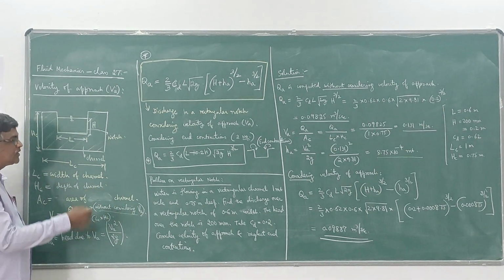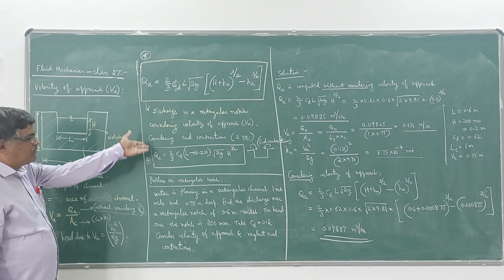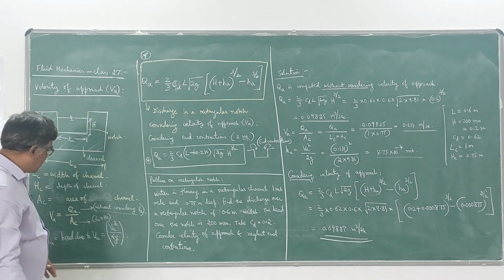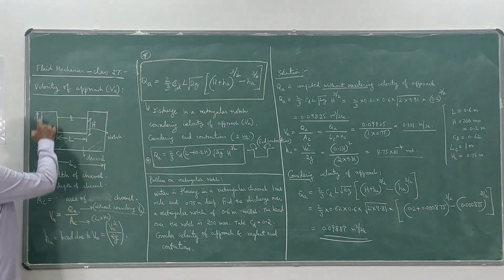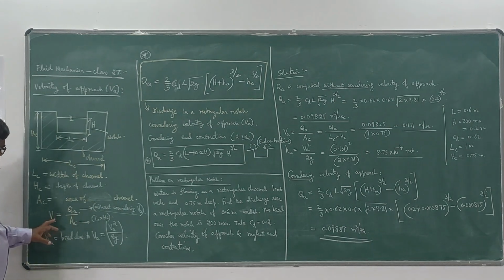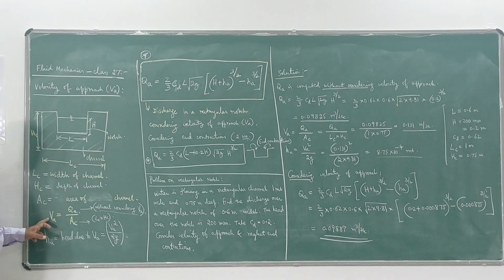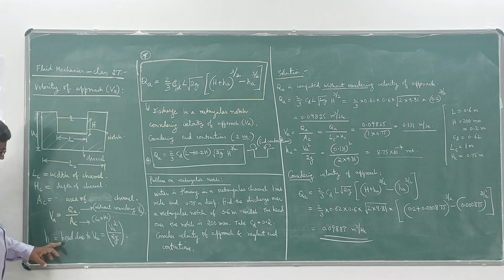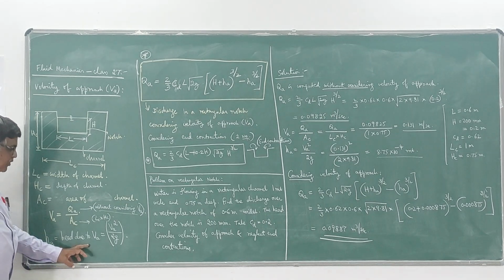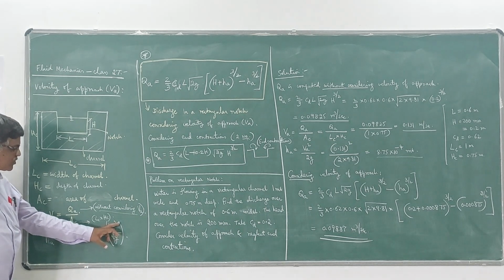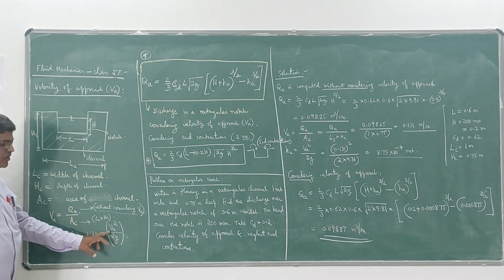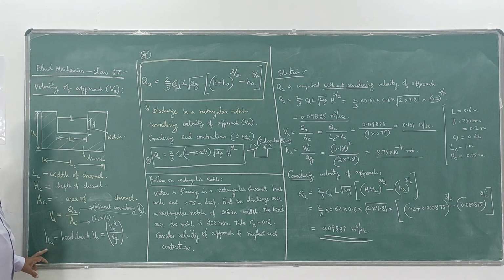We have to calculate the discharge, of course, using the formula which I derived earlier in the last video. AC is nothing but here LC into HC, the area of the channel. So once you get the value of VA, we are going to calculate one head loss, which is called head due to velocity of approach, which is nothing but VA square by 2G. So this is the expression for calculating HA.